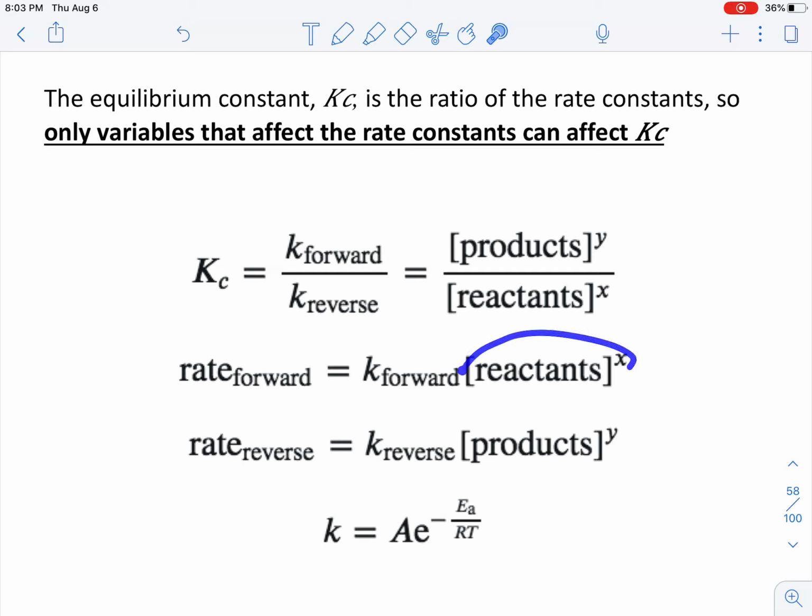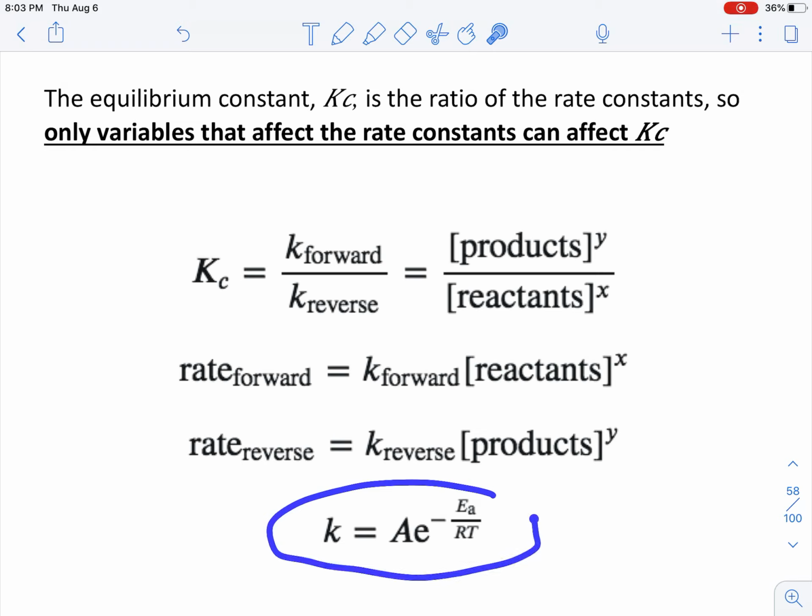However, changing the concentrations of the reactants and products, whether directly or indirectly, does not affect the rate constant of the forward and the rate constant of the reverse. And so, because these two constants are not affected, the actual value for Kc is unaffected by a change in concentration, whether it's done directly or indirectly through changes in volume or pressure.